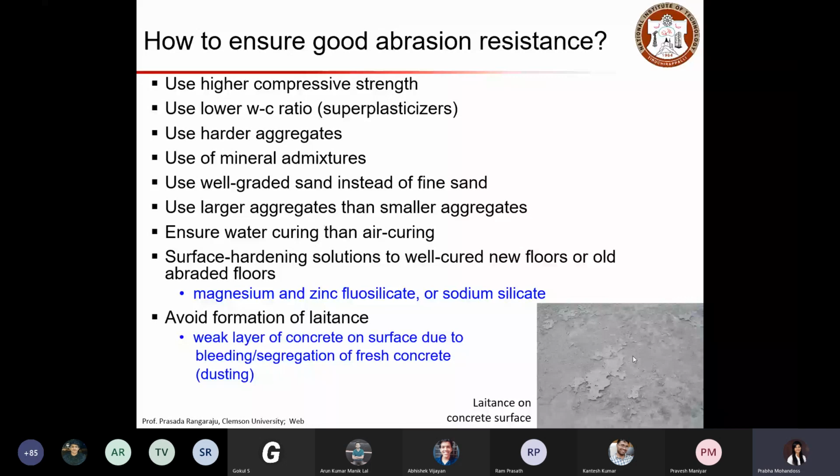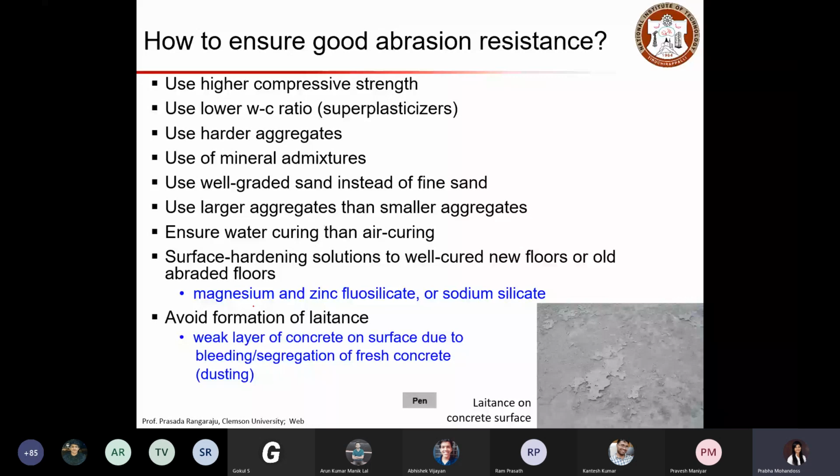If you expect that your floor is going to be subjected to heavy loads, then you can provide a surface hardening solution, so that it can withstand such heavy loads without getting deformed. The surface hardening solutions can be used in both new floors or in old upgraded floors. These are some examples of such solutions which will help you to meet the requirement.